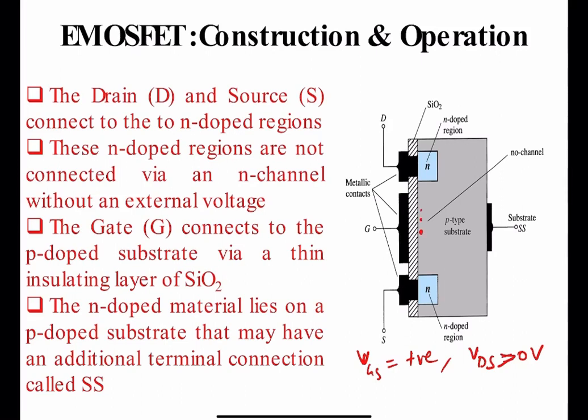As VGS increases, the concentration of electrons will be higher, or we can say the concentration of electrons near this layer increases. Then the induced n region supports measurable flow of electrons between source and drain. Or we can say with the increase in more and more positive potential of VGS, current will flow between the source and drain.